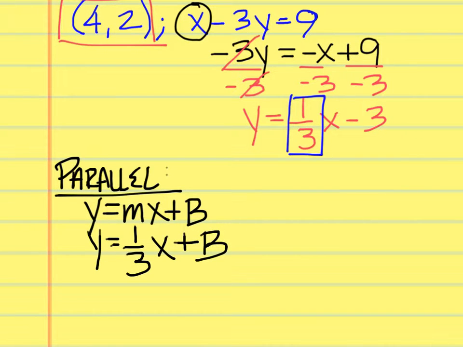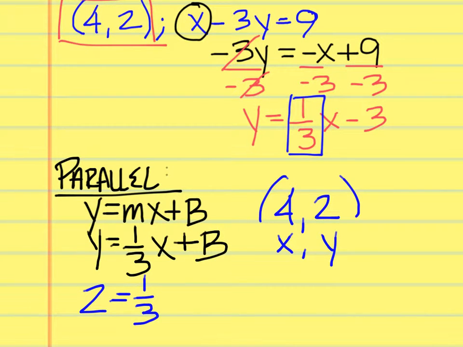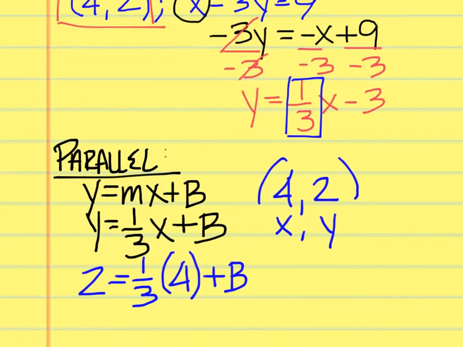Now don't forget, the problem told you that this line that is parallel to the original one has to pass through what point? 4, 2, yeah. So we have to make it go through 4, 2. Remember, that's x, y. So plug in 2 for y and 4 for x. And solve for b.